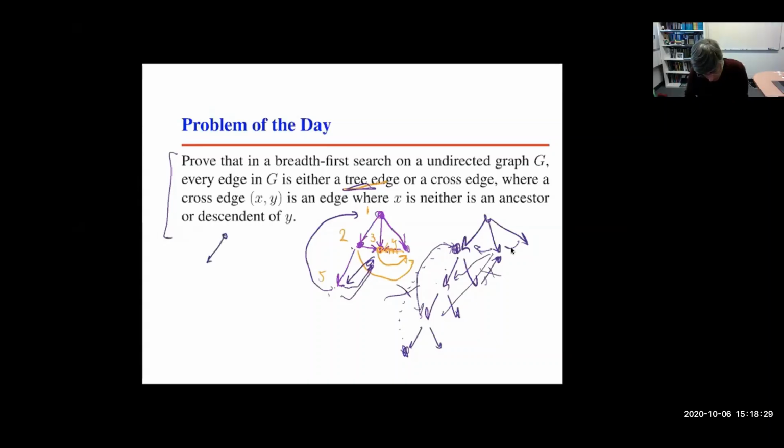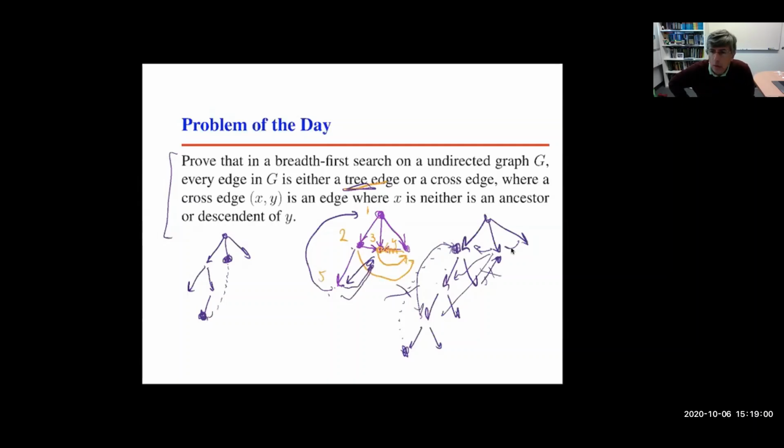I'm doing my breadth first search of discovery. Here is a node that's going to be 2 levels down. Now notice that if I had an edge between these two, this would have been the parent of this.